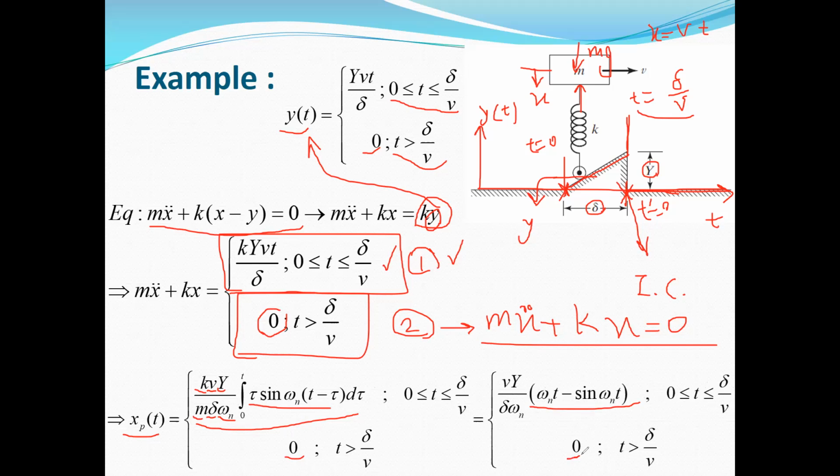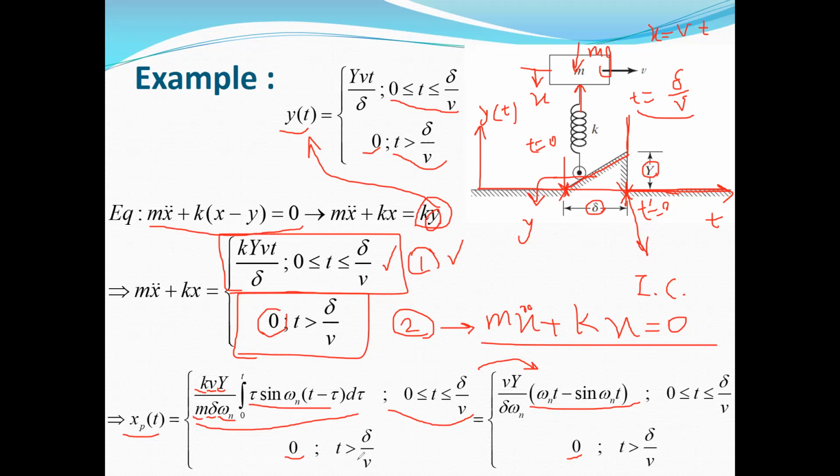And the particular response after this time is 0. But after this time, we can obtain the homogeneous response, because definitely we have a homogeneous response. The homogeneous response for this period of time is considered here, okay? And by assuming that the initial condition is 0, we can neglect the homogeneous response for this period of time.